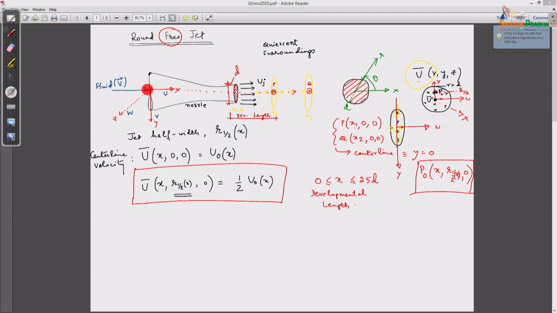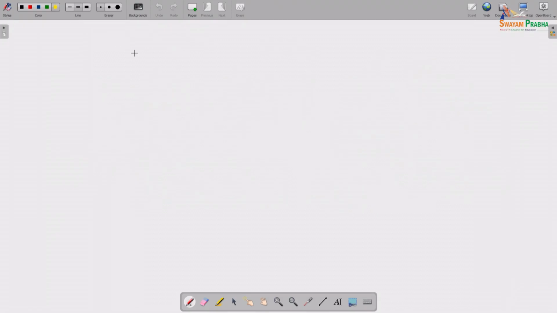And then v is this and w is this. So when I say lateral, I essentially mean this y axis, and this is the velocity that we're looking at, the v component of the velocity. Okay, so now let us look at that.